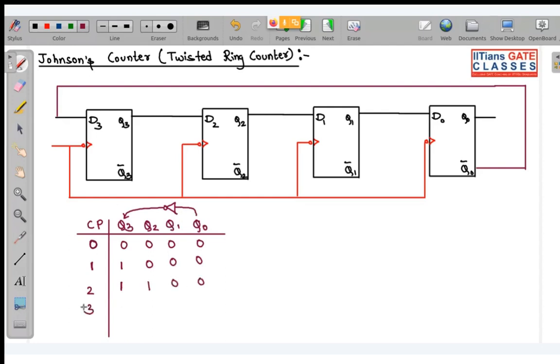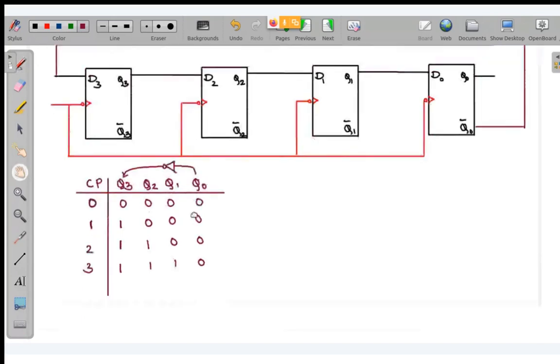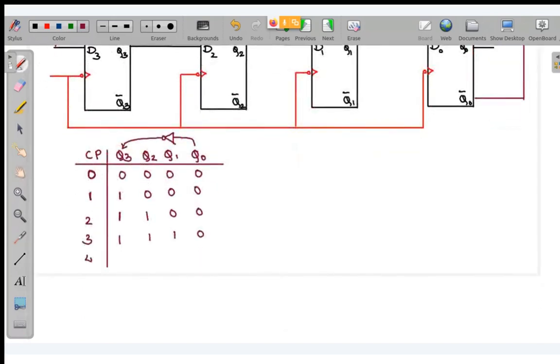In the third clock pulse, this will become 1, 1, 1, 0. In the fourth clock pulse, this 0 will be inverted and shifted to Q3, and all the remaining ones will be shifted one place.